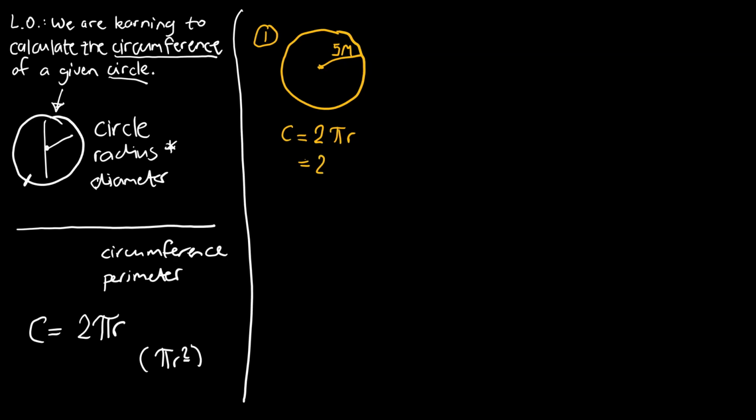That's going to be 5, so it's going to be 2 times pi times 5. And what you can do is plug that straight into your calculator. And I get 31.4 meters. And I've rounded that to 1 decimal place. So hopefully you got that as well.